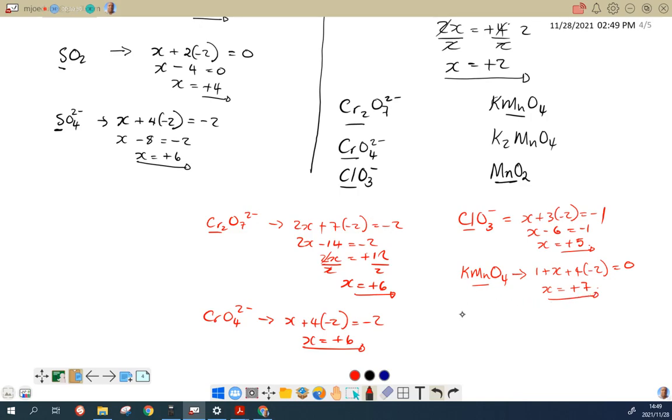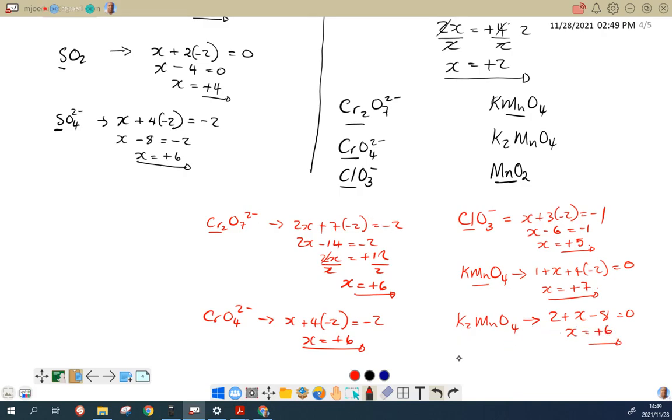And then K2MnO4, right, again the solution is going to be 2 plus x minus 8 is equal to 0. 2 minus 8 is minus 6, so your x is going to be equal to plus 6.